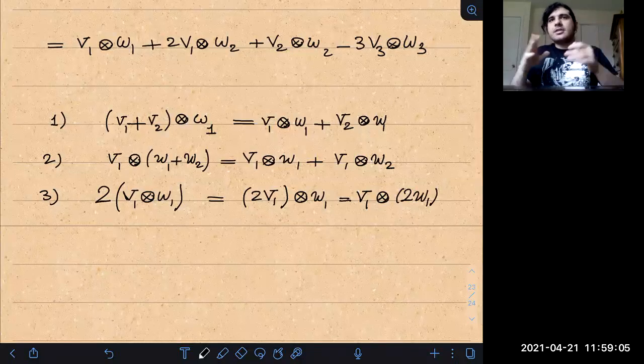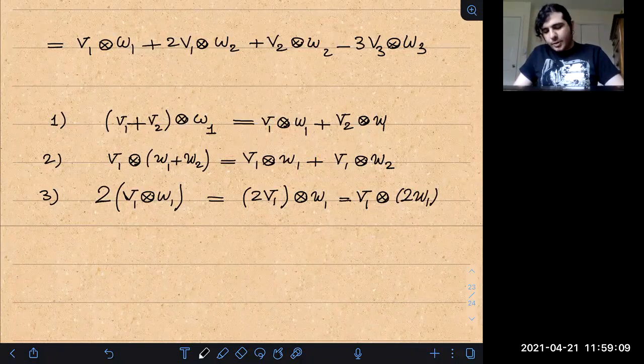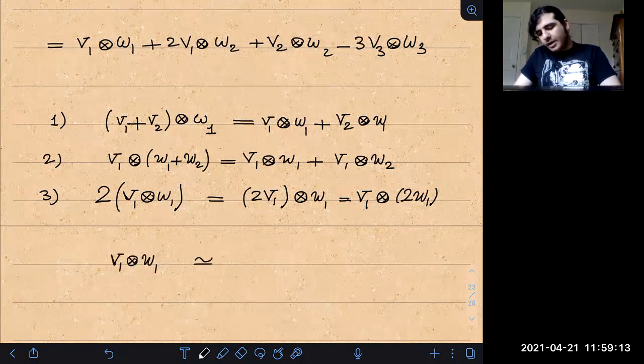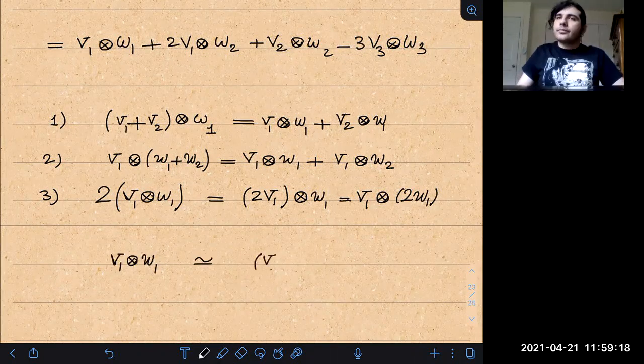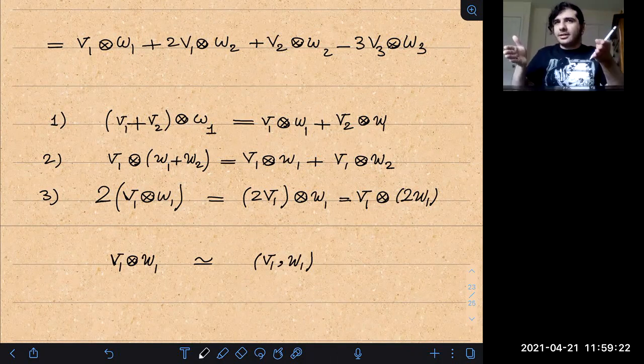Okay, so in some sense you can think about V1 tensor W1. It's kind of just like writing these two elements next to each other, V1 and W1. It's just we are putting them next to each other. That tensor doesn't do much more than that.